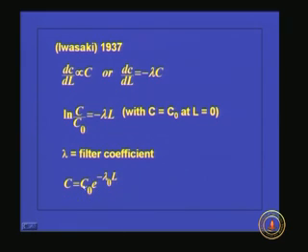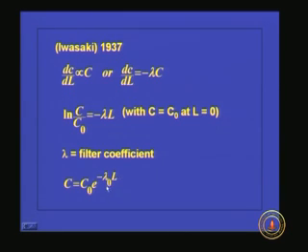So, if you know the initial turbidity of the water, and if you know the length and the filter coefficient, we can find out the turbidity that is coming out after the filtration. This filter coefficient we can find out by conducting laboratory experiments.